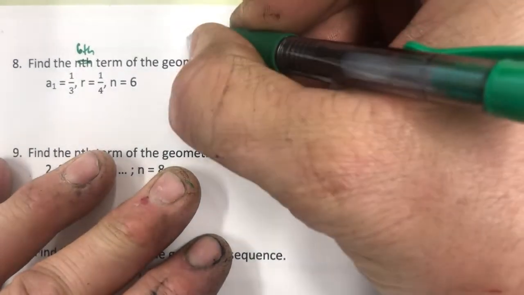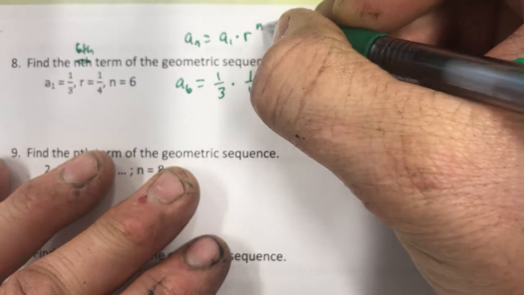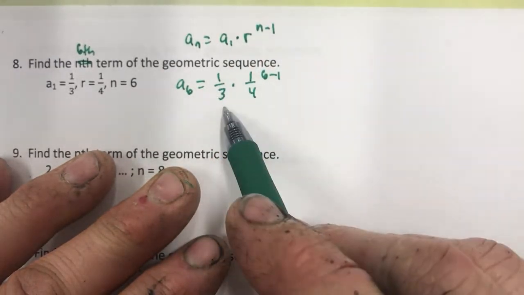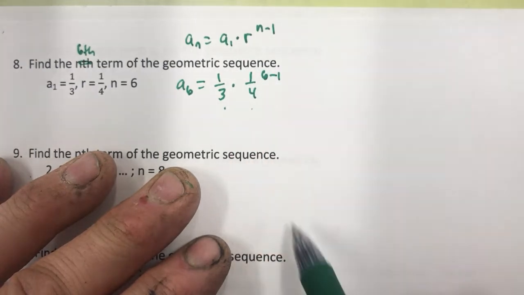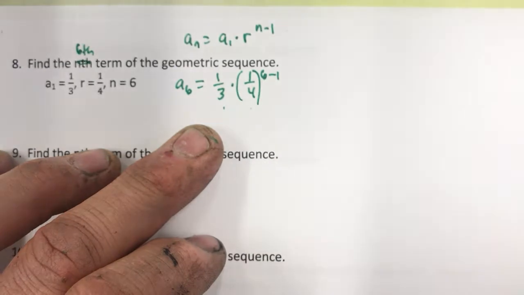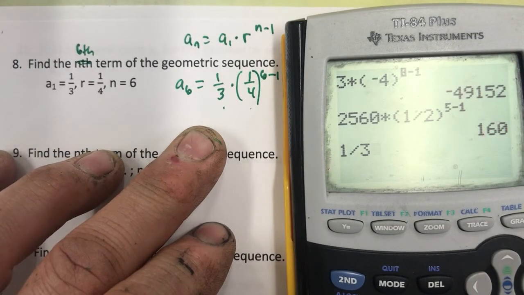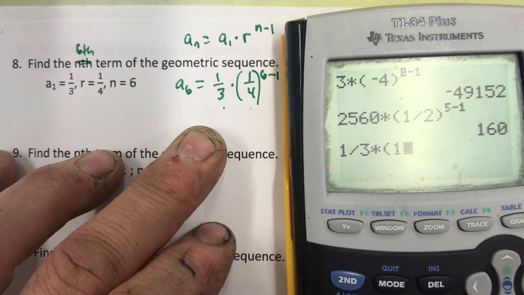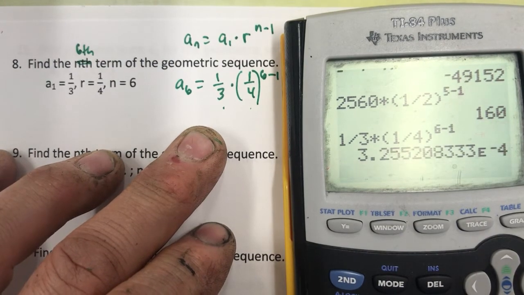Okay, again, a sub n equals a sub 1 times r to the n minus 1 power. So there's my a sub 1, there's my r, and then n is 6. So I just punch this in. And this probably needs to be in parentheses. So do 1 divided by 3 times 1 divided by 4 in parentheses to the 6 minus 1 power, and that looks like, okay.